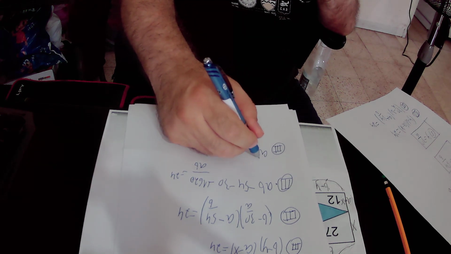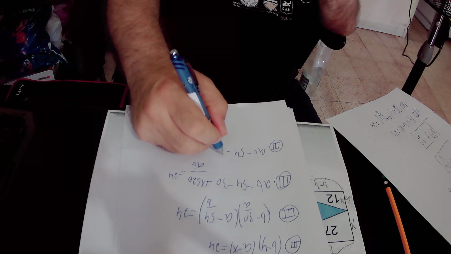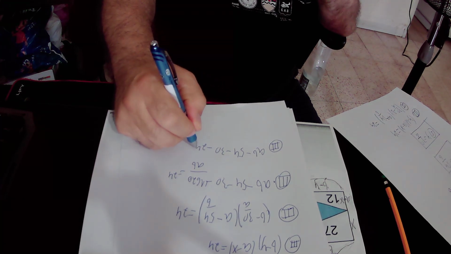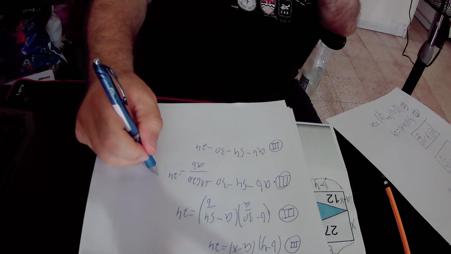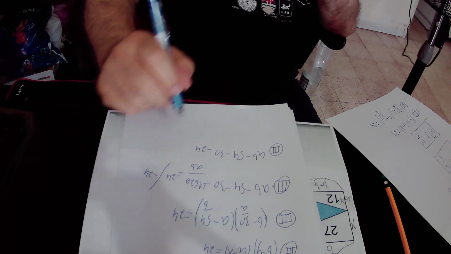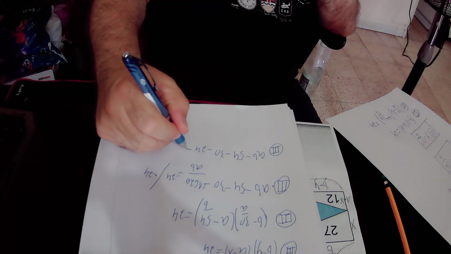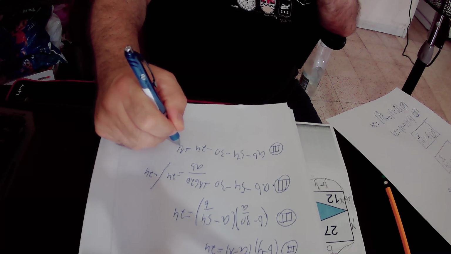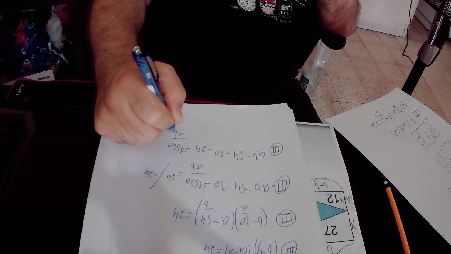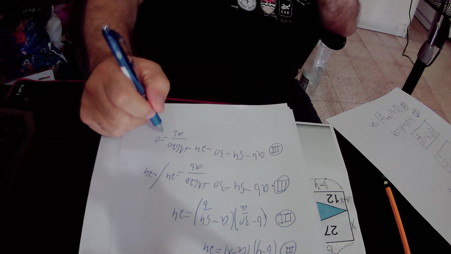We'll get that ab minus 54 minus 30 minus 24 plus 1620 over ab equals 0.